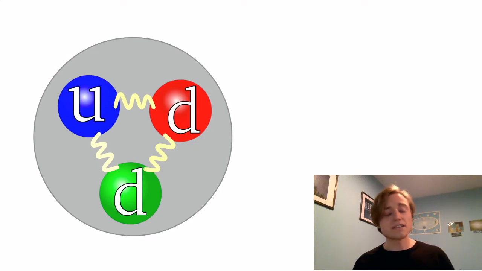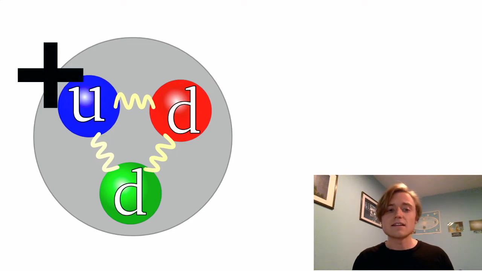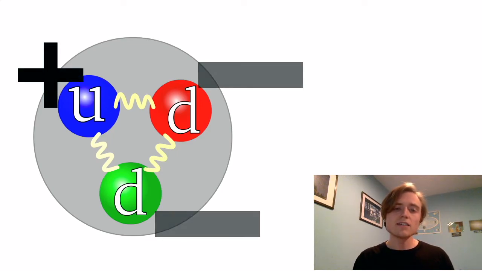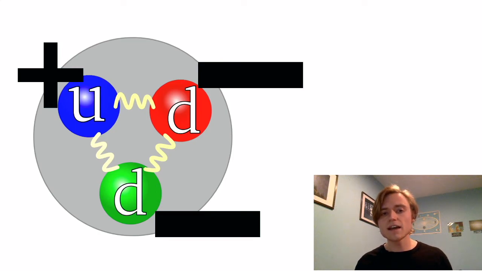Although the neutron doesn't have a charge, these quarks do have charges. It has a positive charge for the up quark and 2 negative charges for the down quarks. And summing these charges together leads to a 0 charge, or a neutral neutron. But there might be something called an electric dipole in a neutron.